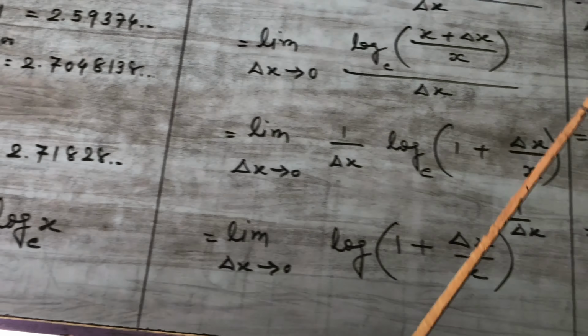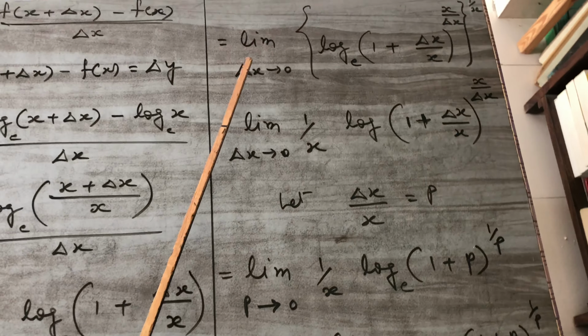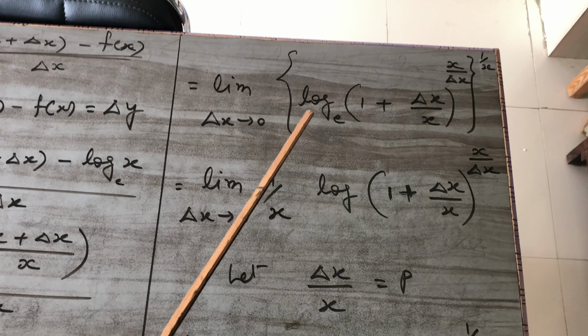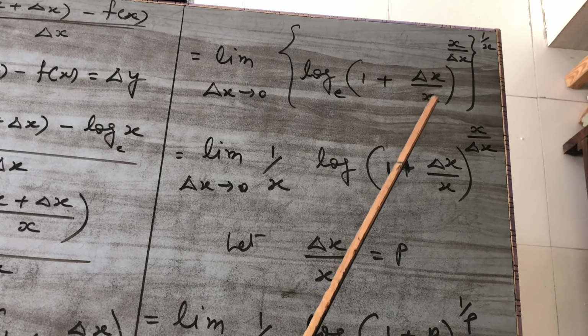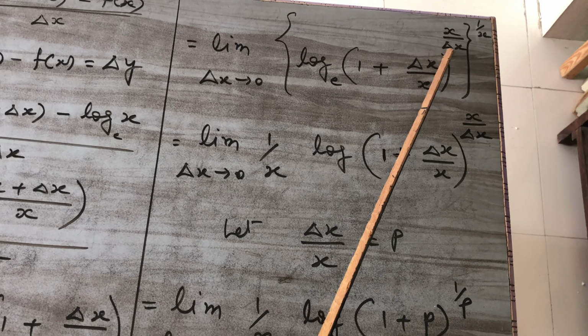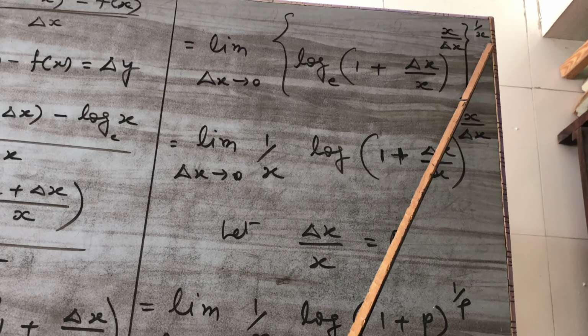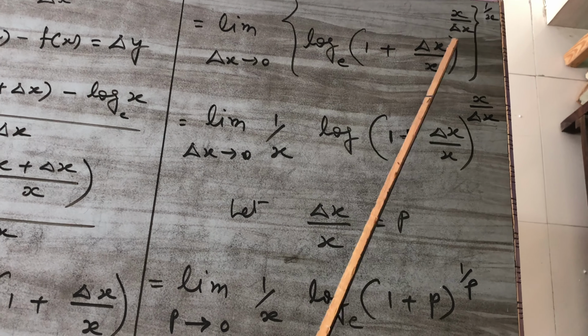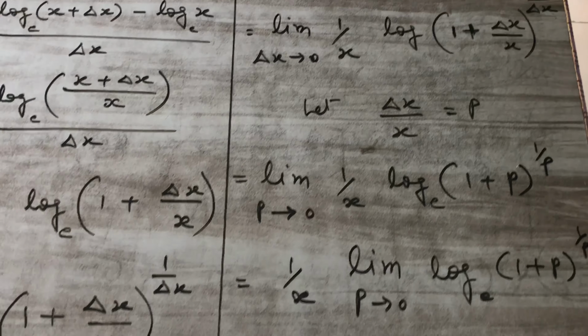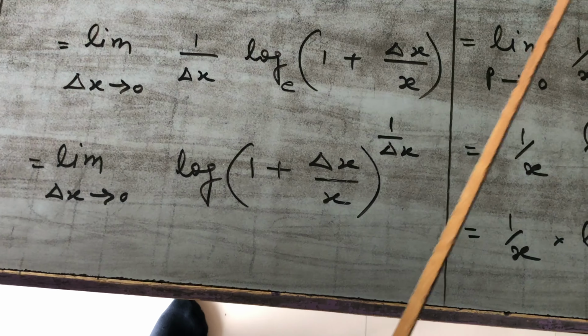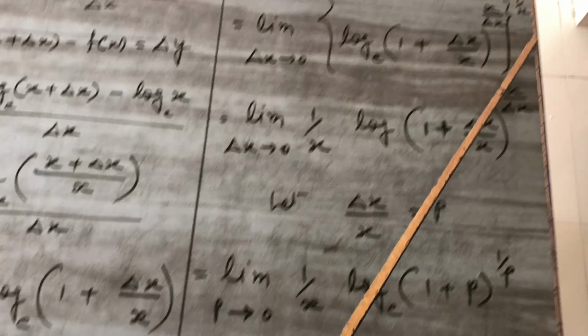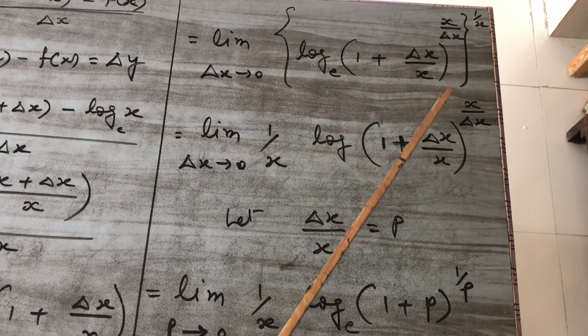So adjusting this term, limit delta x tends to 0, log of (1 plus delta x by x) raised to x by delta x, raised to 1 upon x. So x cancels out, the term is the same. But we want to use the important limit, so we have adjusted mathematically this way.